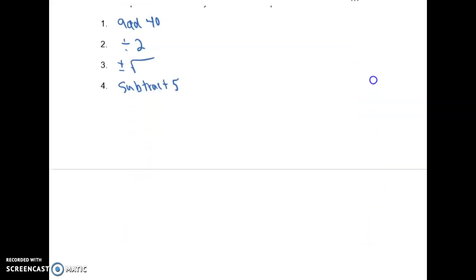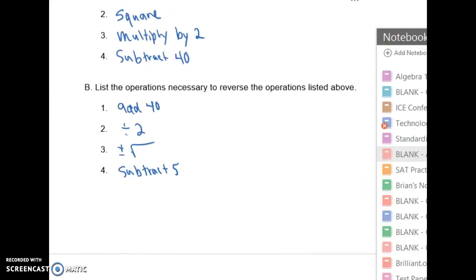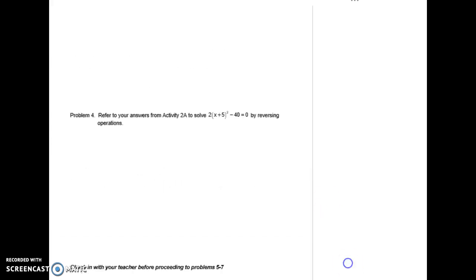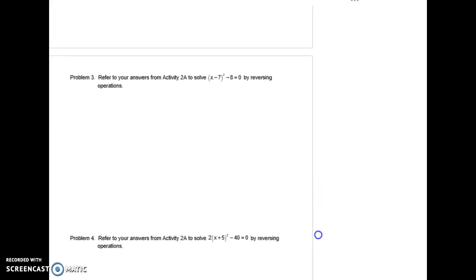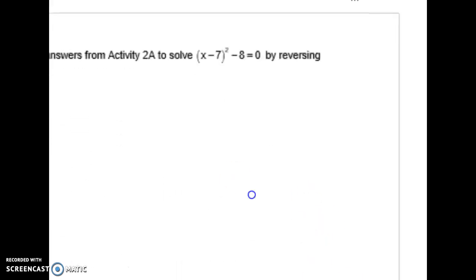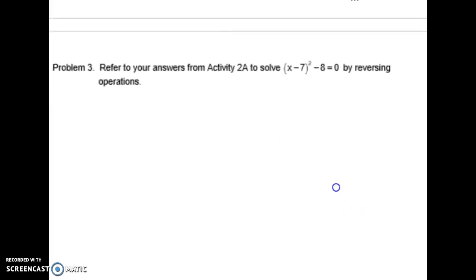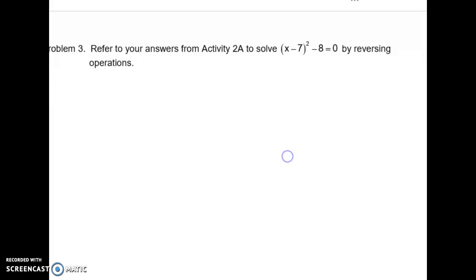Okay, so let's look at some basic examples of this first, and then we'll get into some of the more complicated ones. Let's do one like number 3 here. We have the expression x minus 7 squared minus 8 equals 0. We want to solve that by reversing. So first, I want to create it. And to create it, I'm going to do what's in parentheses first, so subtract 7, square it, and then subtract 8.